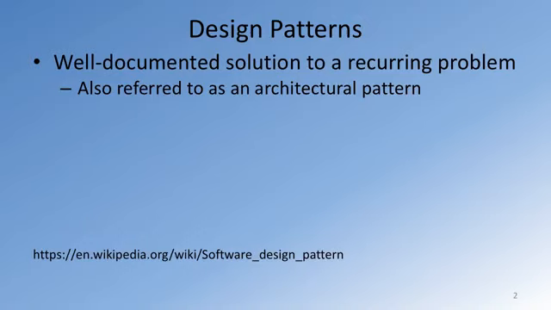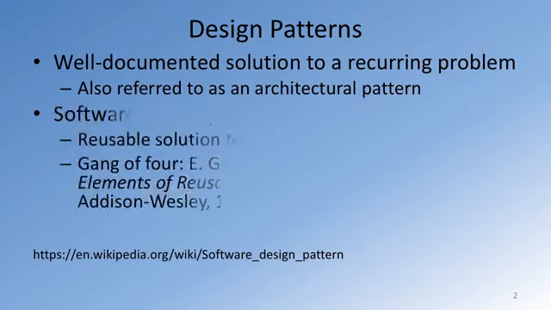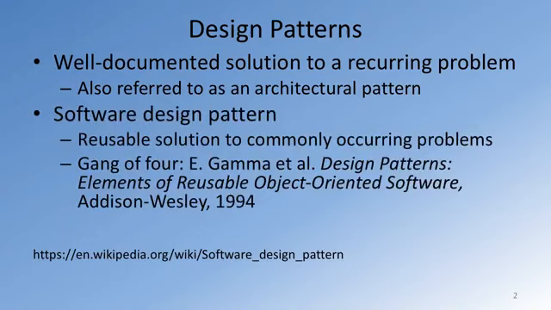Sometimes you also see people referring to this as an architecture pattern. So to summarize, software design patterns in particular are a reusable solution to commonly occurring problems that are solved in software. Now, in this context, you often hear people talking about the Gang of Four. This was a group of 4 authors that wrote this seminal book called Design Patterns: Elements of Reusable Object-Oriented Software.